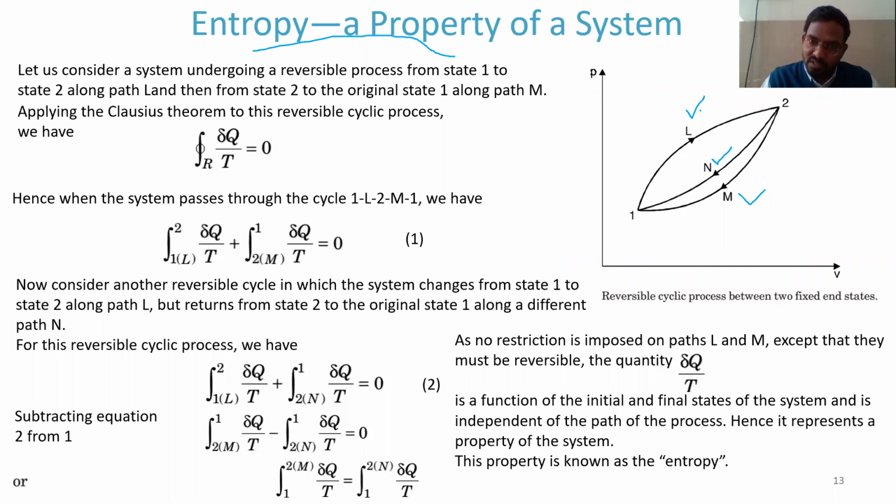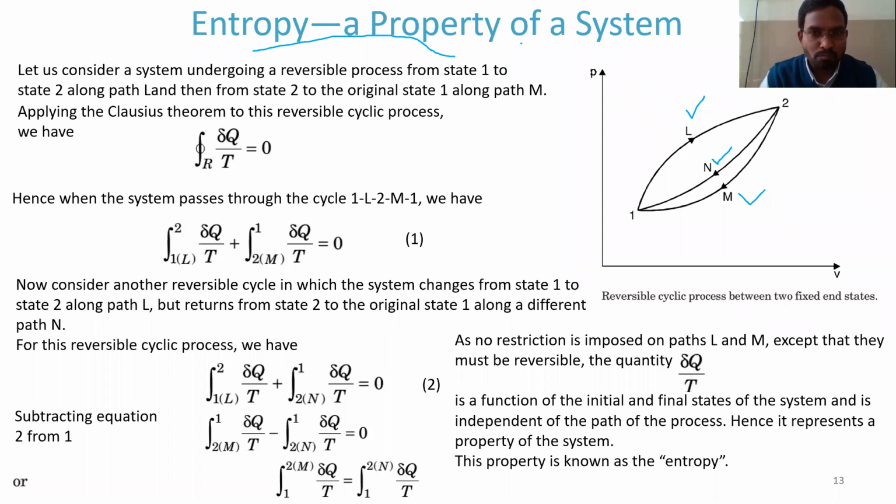So if you are comfortable with that one, you will easily get this one also. This is not complicated at all, but you need to relate it with the derivation that we used to prove energy as a property of system. Okay. So let's do it here for the entropy.